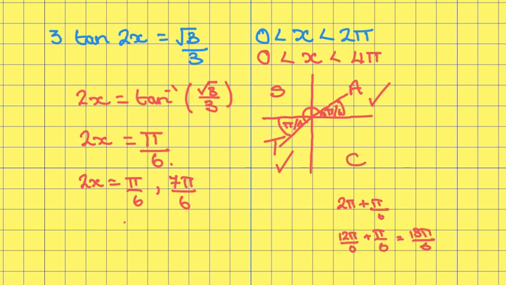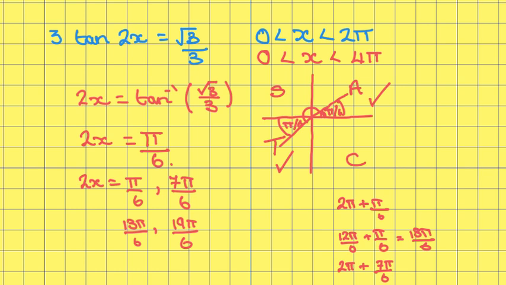And our fourth angle is 2 pi plus 7 pi over 6, which is 12 pi over 6 plus 7 pi over 6, which is 19 pi over 6.